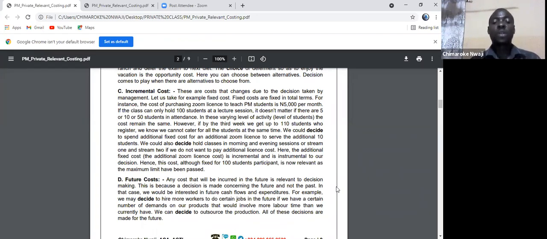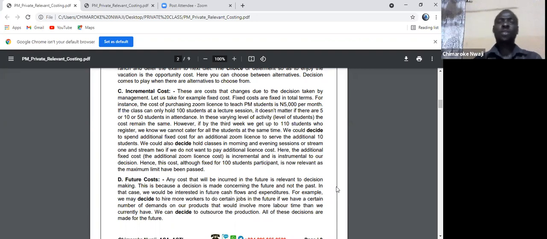So in order to accommodate the growing number, the growing volume of activity, we could decide to do 2 things. One, we could hold 2 classes, maybe one in the afternoon and one in the evening. That's a choice.